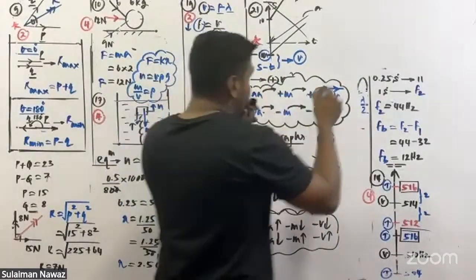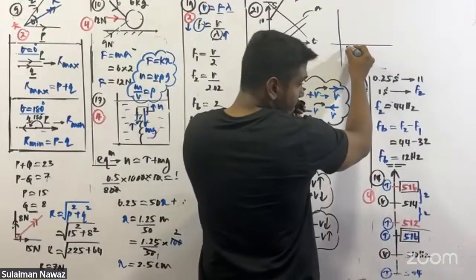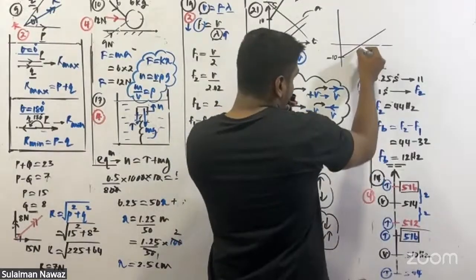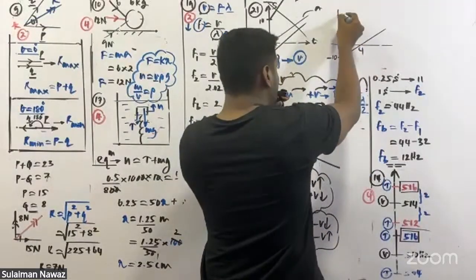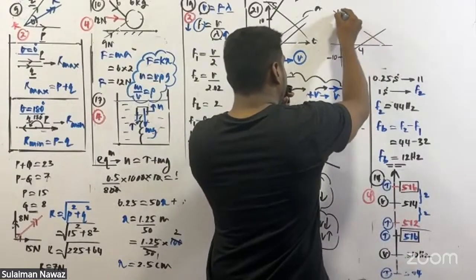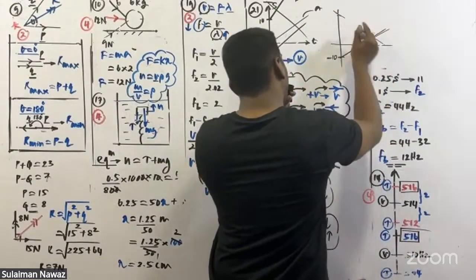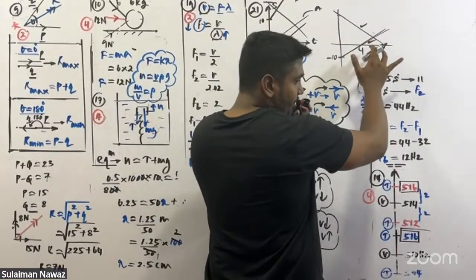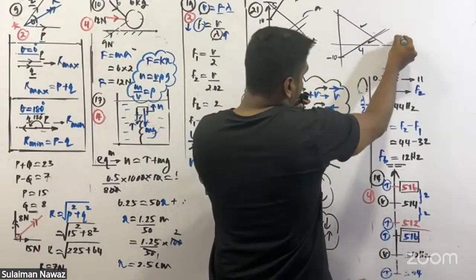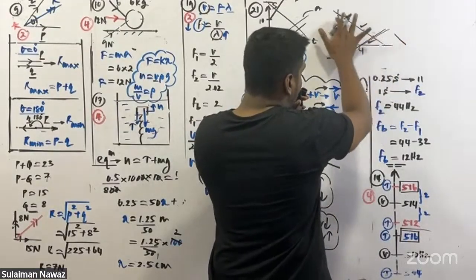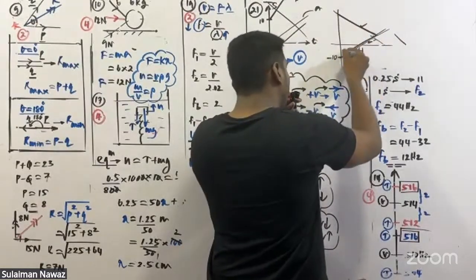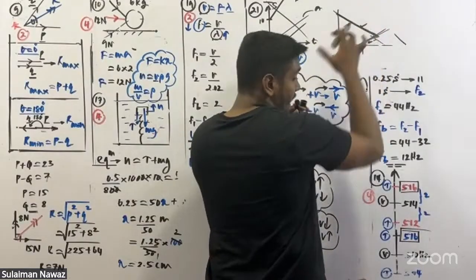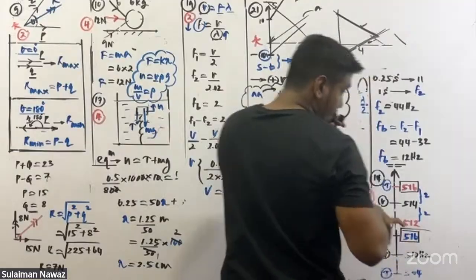In this s-t graph, D's velocity is 4 and C's velocity is 4, so their gradients are almost the same. Their slopes must be the same. So when these two graphs meet together, they should create a kind of isosceles triangle. The answer is 5.